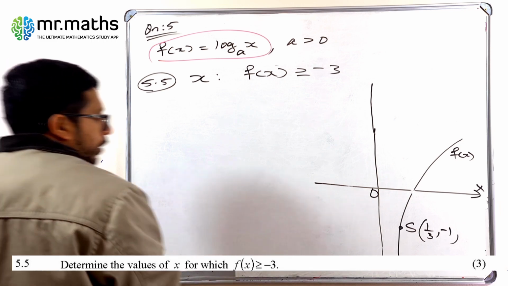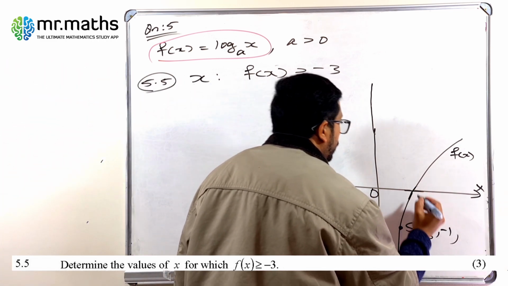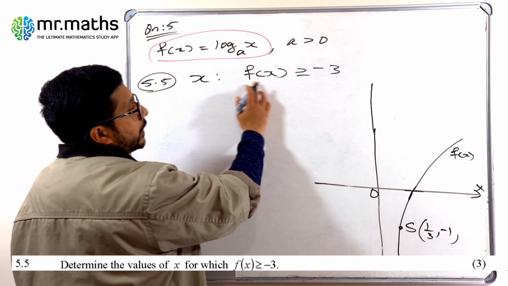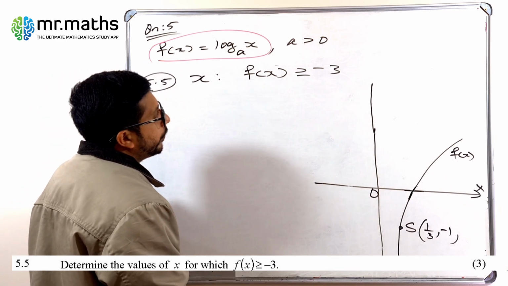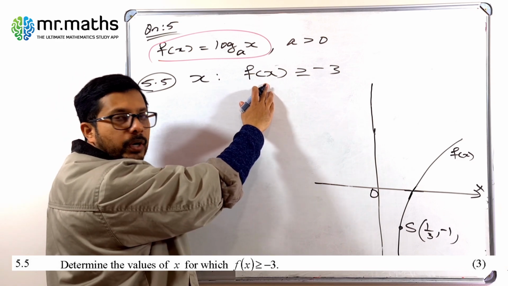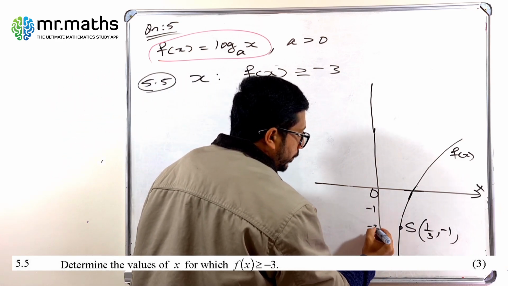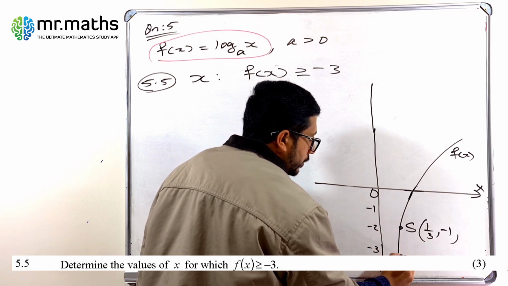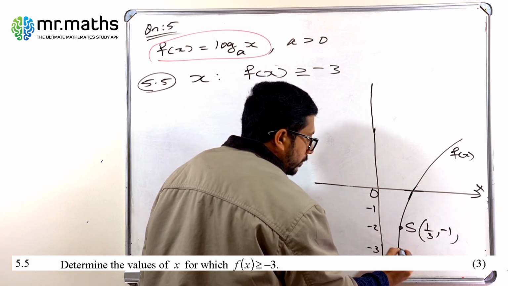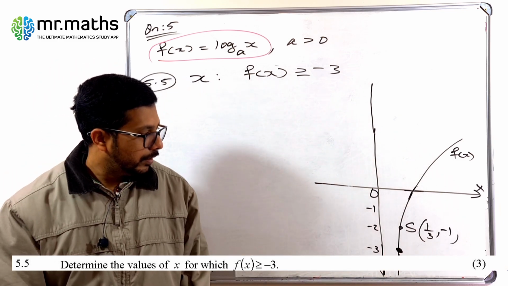Now, f of x is greater than or equal to minus 3. f of x is the same as y. So y is minus 3 means, let's say this is minus 1, minus 2, minus 3, and y equals minus 3 means this point.